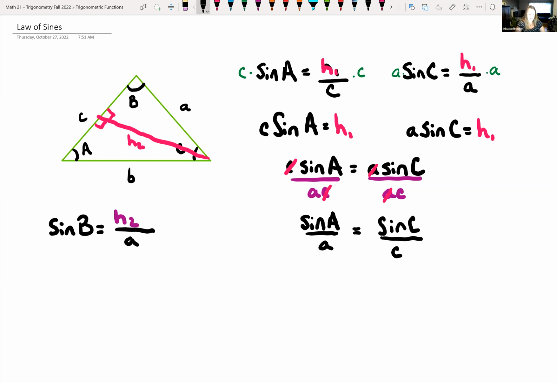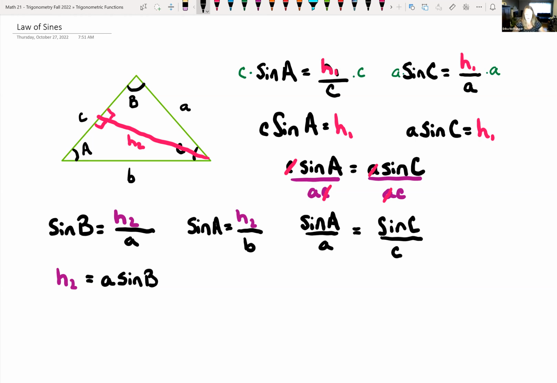We know that sine of A in this case is equal to the opposite, which is h2, all over the hypotenuse, which in this case is side b. So again, let's solve for h2. If we solve for h2 in each case, we get h2 is equal to, multiplying both sides by a, a times sine of B.